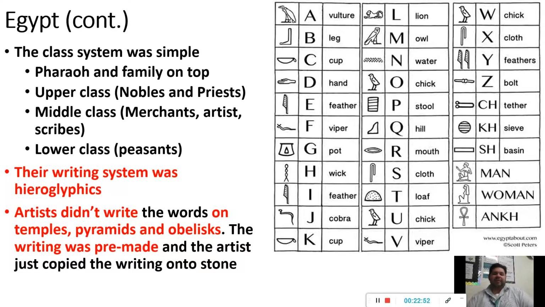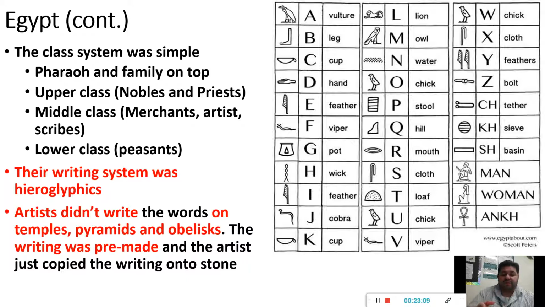Now, here's another thing too. A lot of people think that the artists, the people who wrote that, got their chisel and just wrote whatever was written down on the obelisks and on the tombs. But that's not the case.